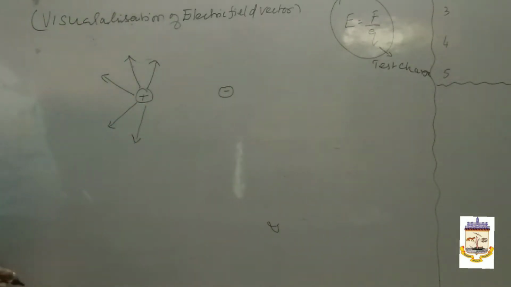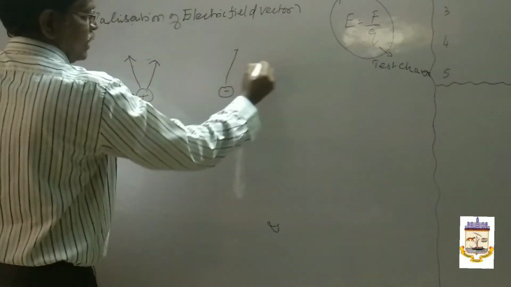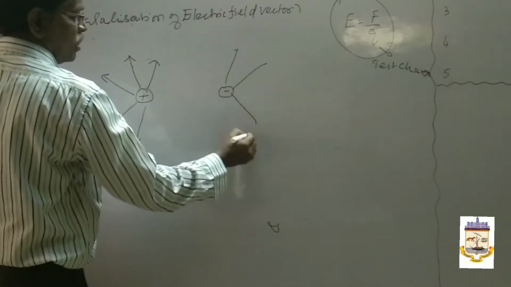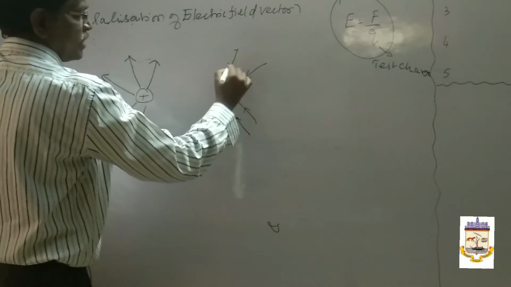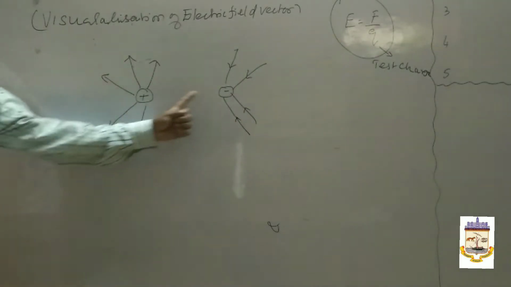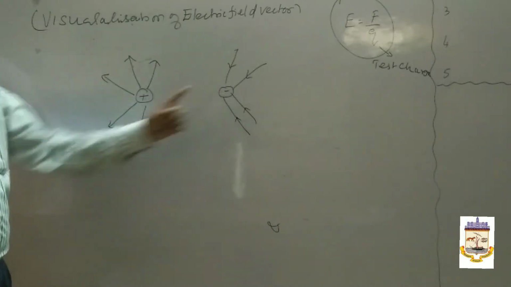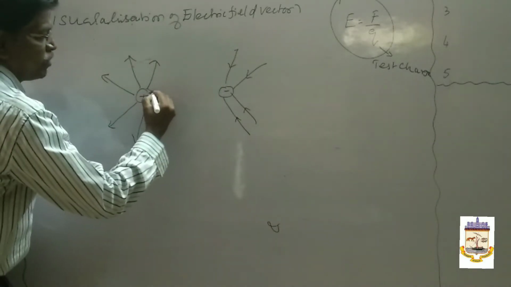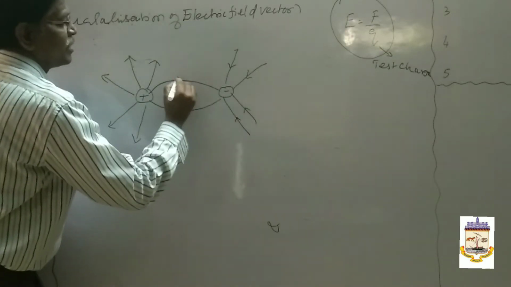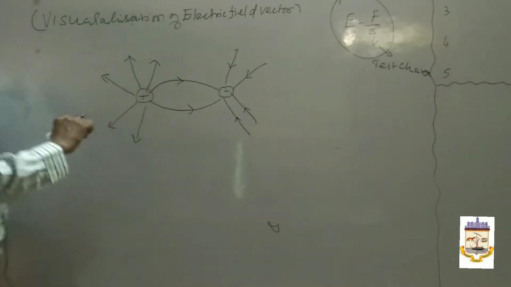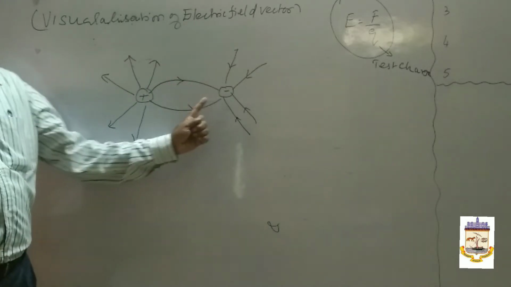For this, the lines will be moving towards and ending at the negative. What is in between? Due to the force of attraction, the line will be bending like this. Now the straight line becomes a curved line.